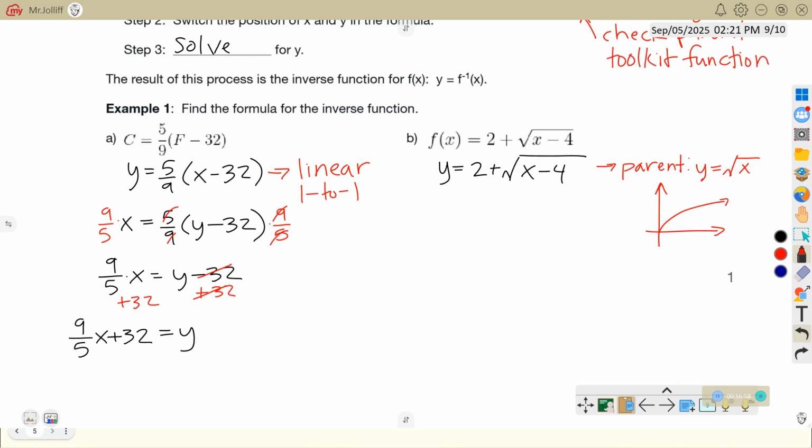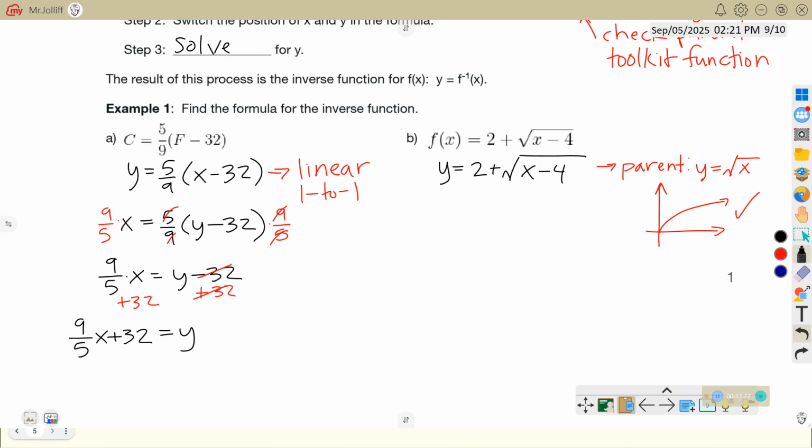Looks like half of a parabola on its side. Is that picture 1 to 1? Yes. If I start drawing horizontal lines, I'm never going to touch the curve at more than 1 point. There's no points that are stacked on top of each other. So it's both a function and a 1-to-1 function. Very good. So check mark, happy face.